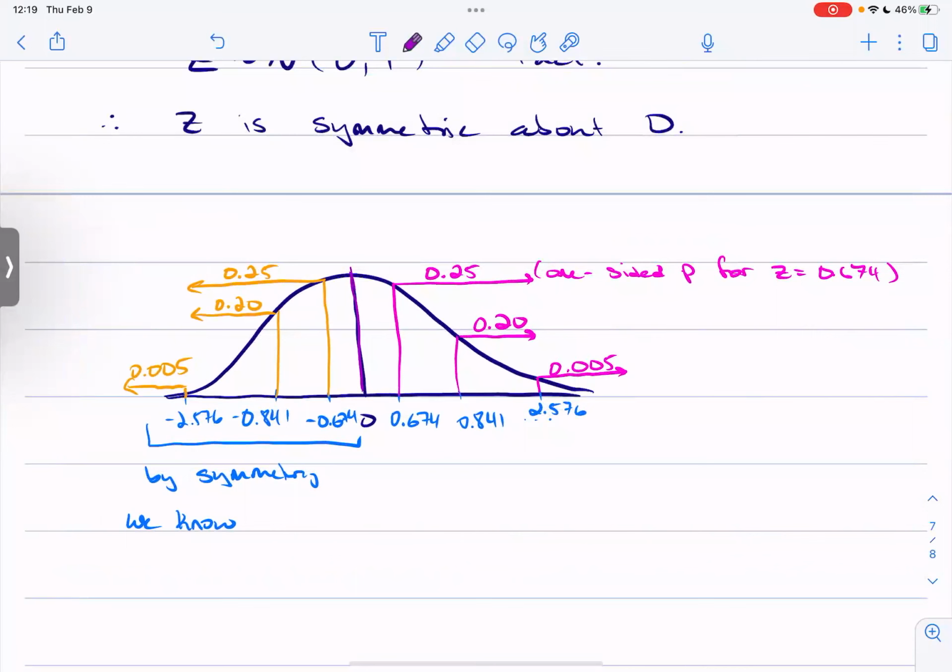So here at the mean, you're at 0.5 and 0.5.